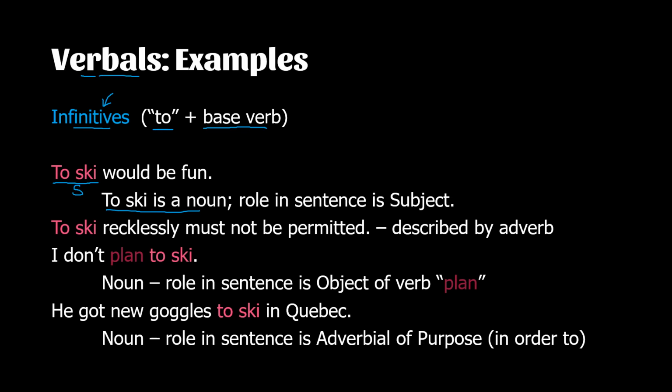But infinitives can be followed by an adverb. To ski recklessly must not be permitted. This whole group of words is an infinitive phrase. So it acts as a unit, and in this sentence, the infinitive phrase is the subject of the sentence.